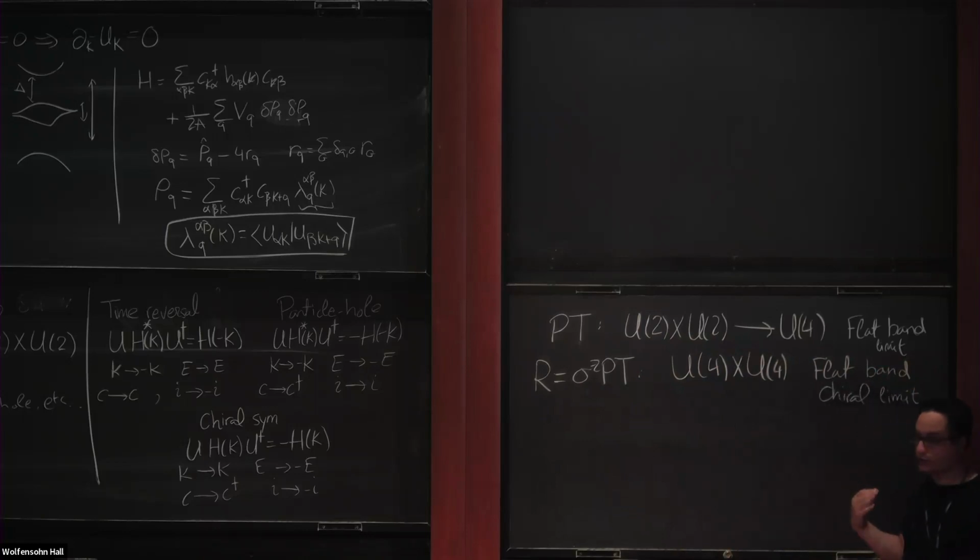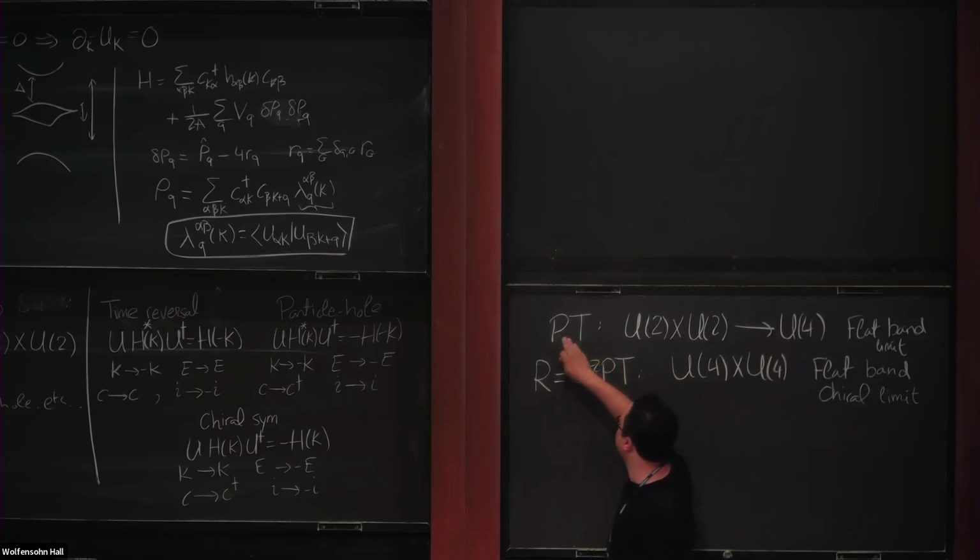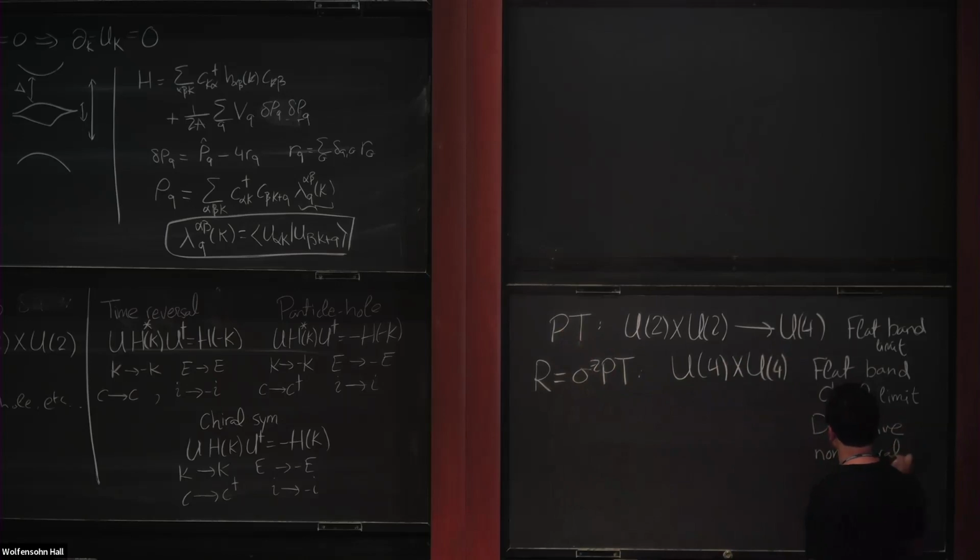So when I add a dispersion, it will break the unitary symmetry generators coming from both chiral symmetries, PT or sigma z, but it will not break the combined one, the one that comes from sigma z PT. So if I am not in the flat band limit, so dispersive, but non-chiral, I will get this U4 times U4 broken down again to a single U4.